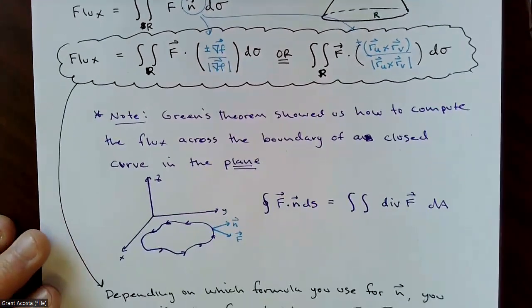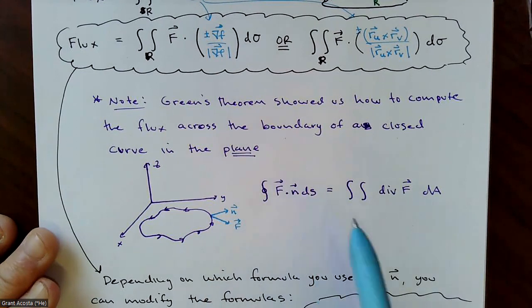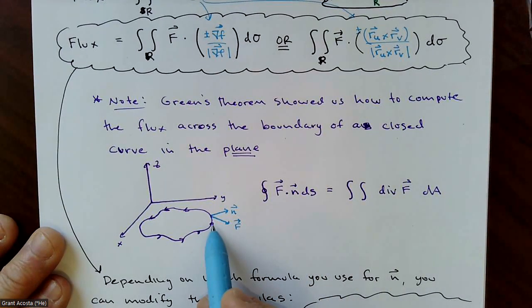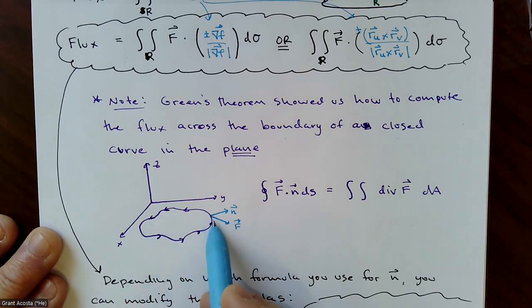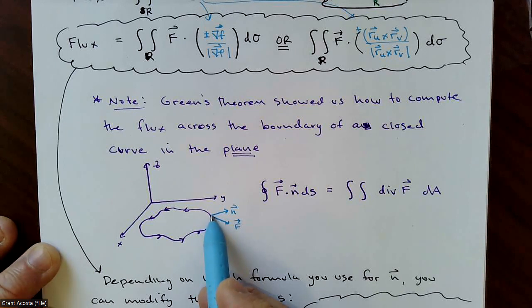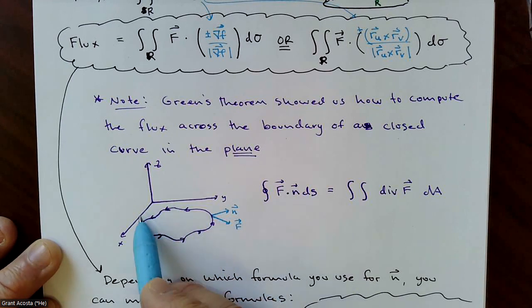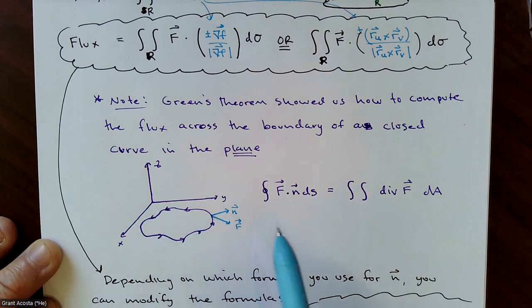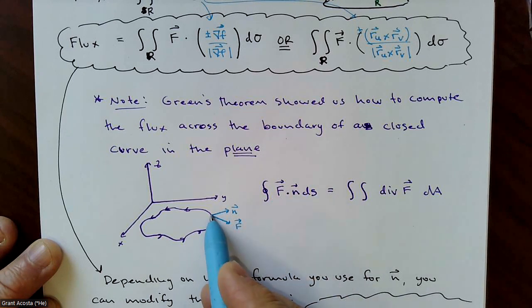I did allude to this and just want to point out what's the difference here. We did talk about flux before, but before we were limited to a closed boundary, an area that was in a plane, usually the xy plane. And we have two ways we can calculate the flux across a boundary in a plane. We could do it as a line integral, the line integral of F dotted with N ds, a little increment of arc length.